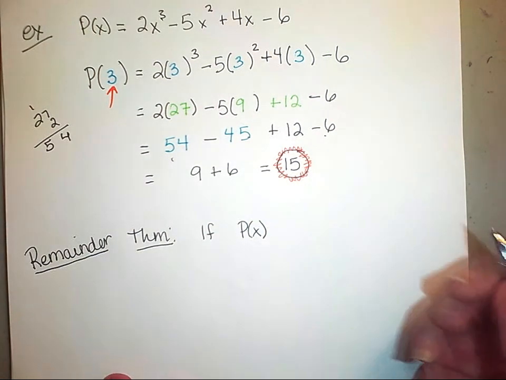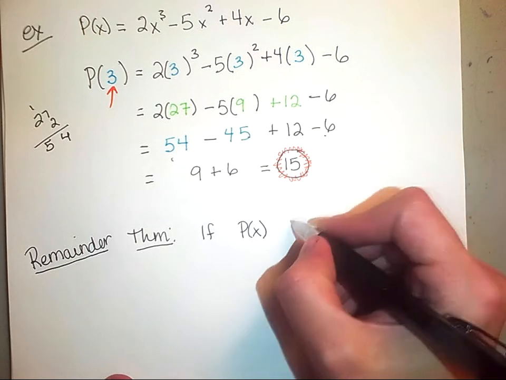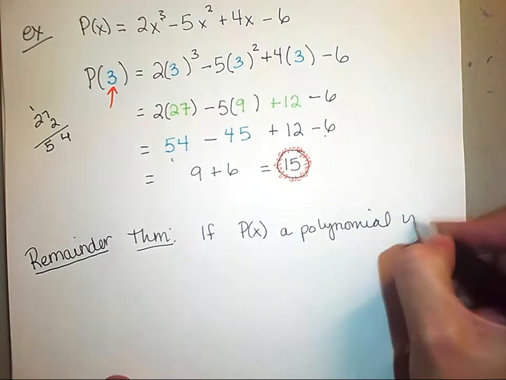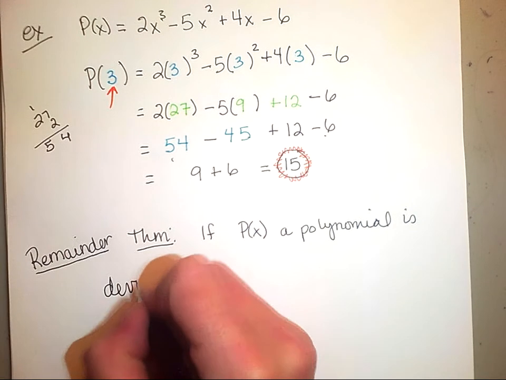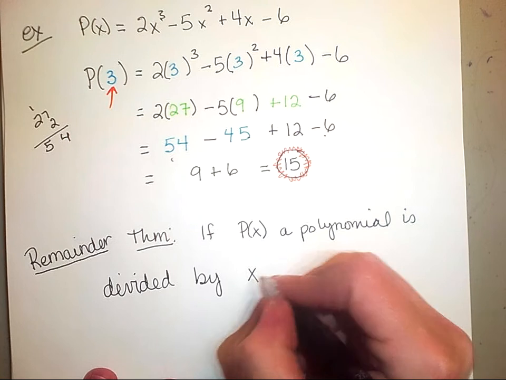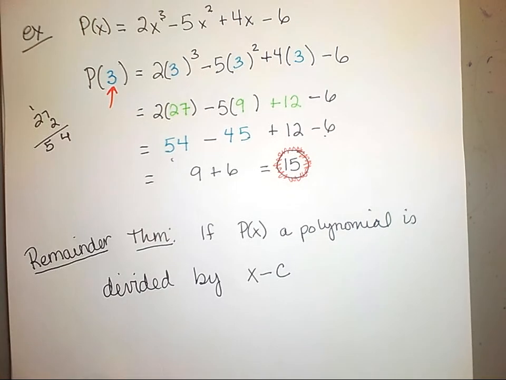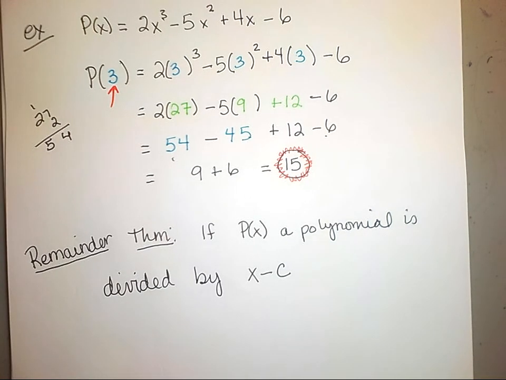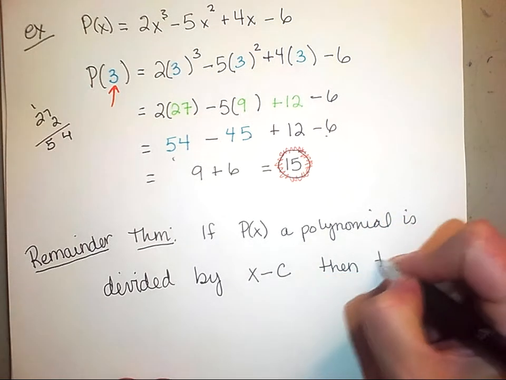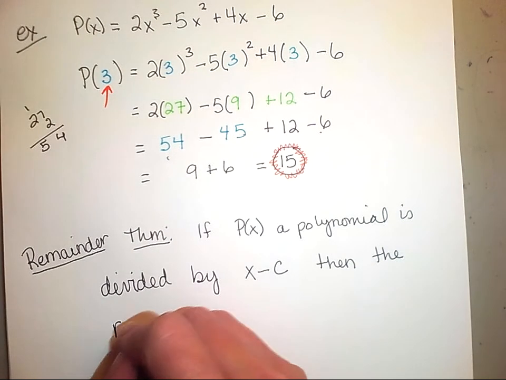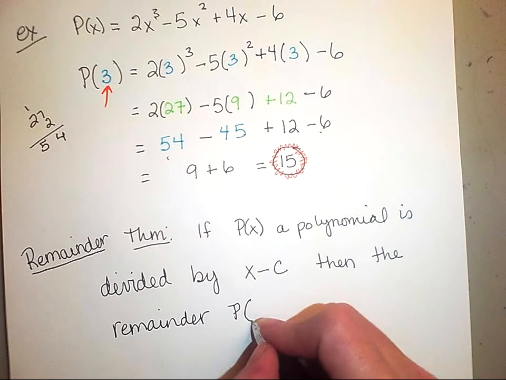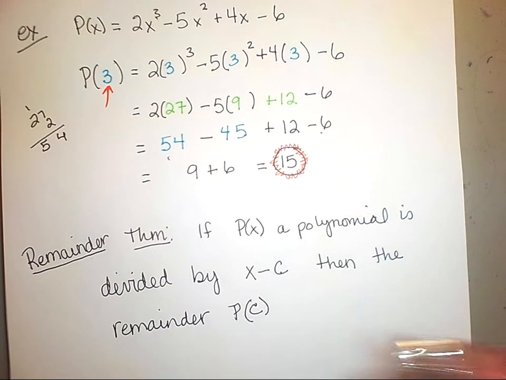So if some P of x, a polynomial, is divided by x minus a constant, then the remainder will be the polynomial evaluated at this constant.